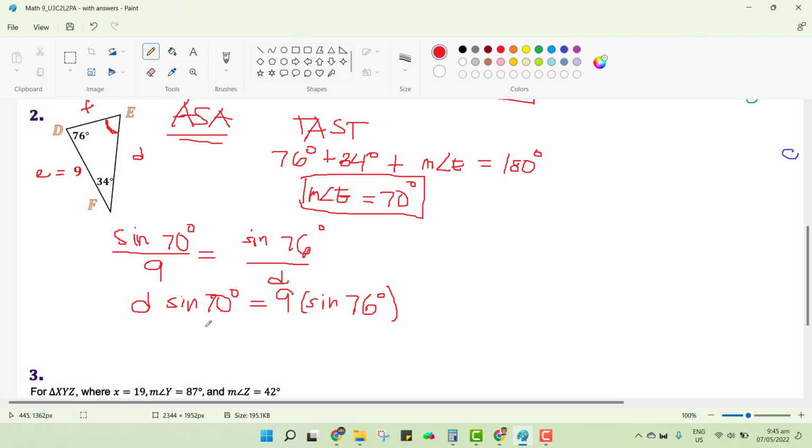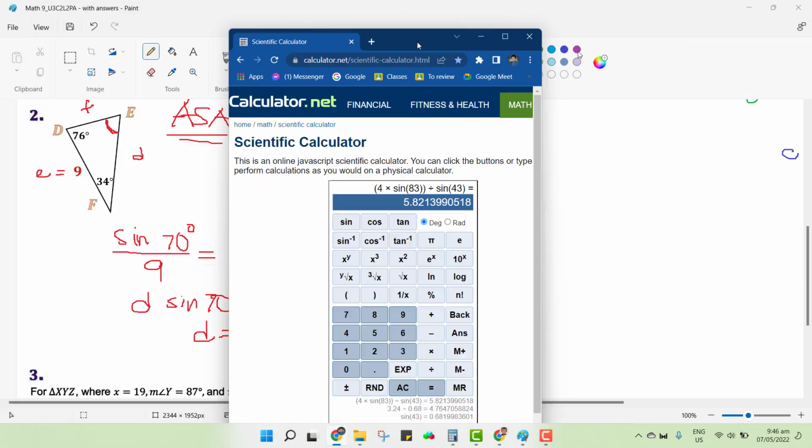And you divide both sides, you will have D is equal to 9 times sine 76 degrees all over sine 70 degrees. Use the calculator.